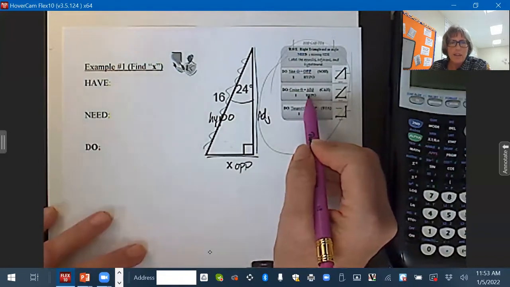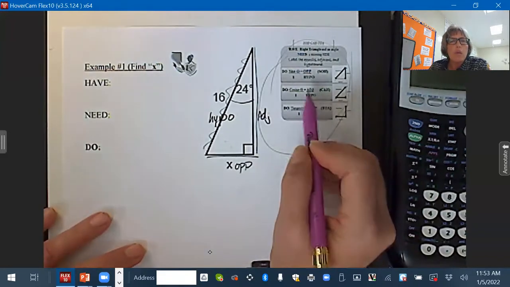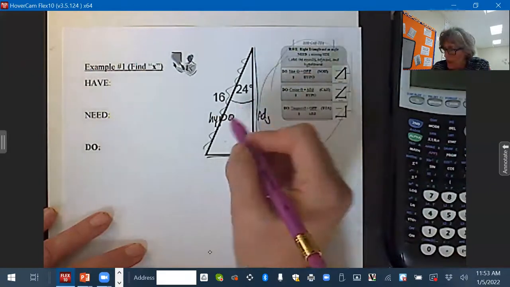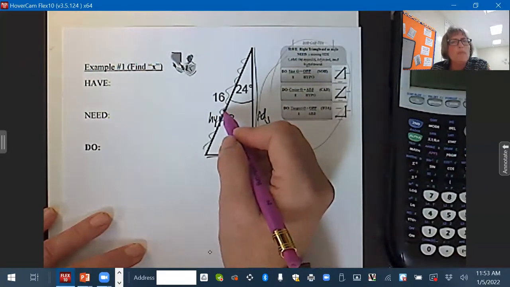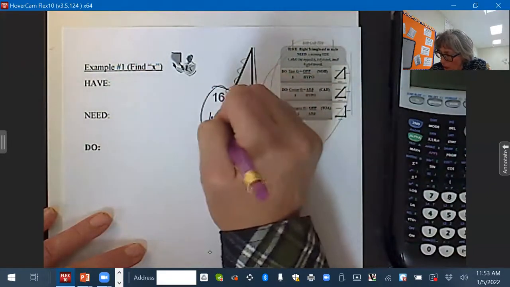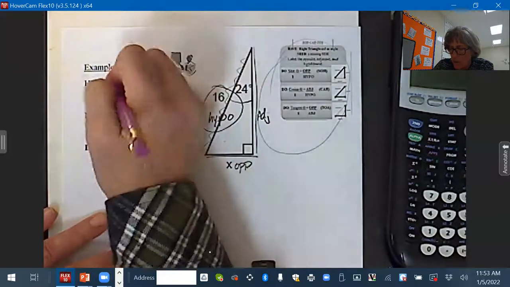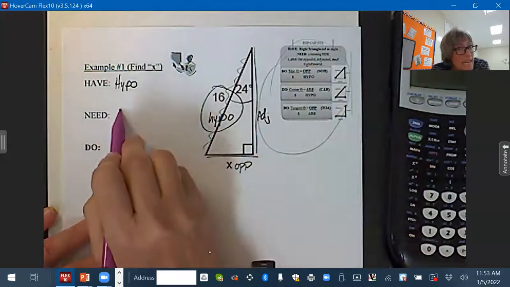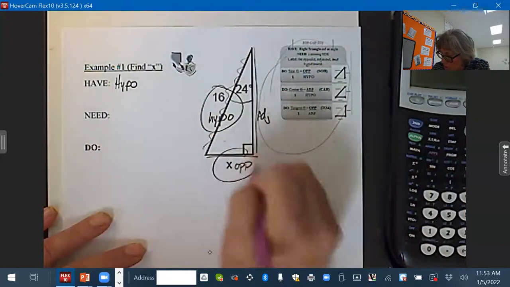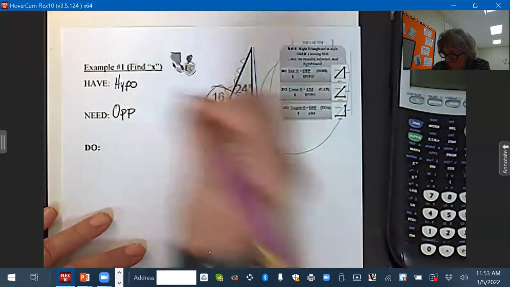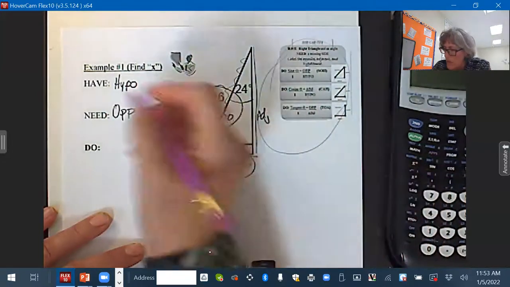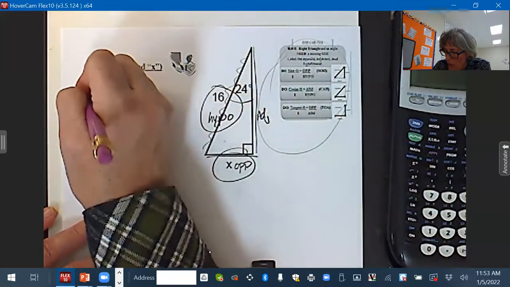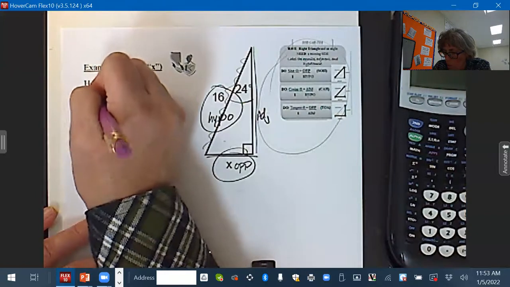All right? So, what do we have in this case? When you say have, where do you have a number, a value? We have our hypo, which is 16. So we're going to write hypo. What do we need? Our x. Our x is sitting at the opposite. It doesn't matter whether this says HO or OH.